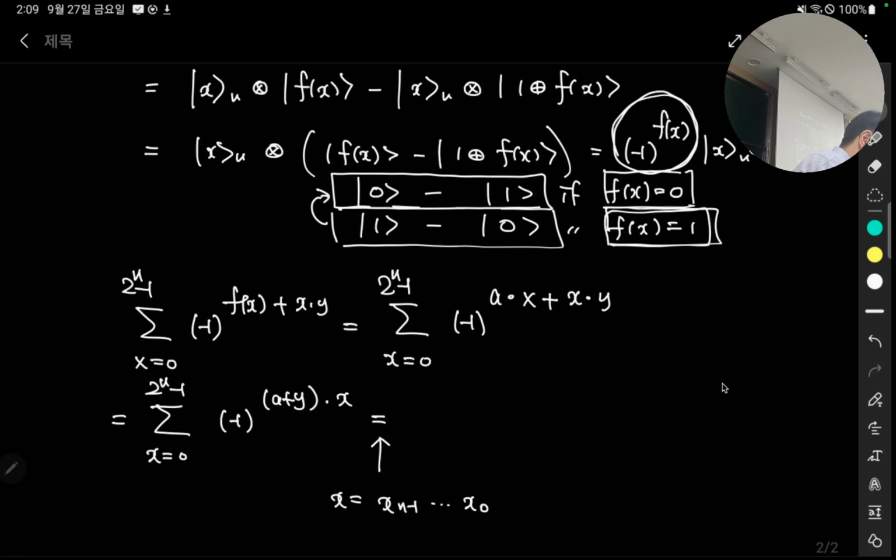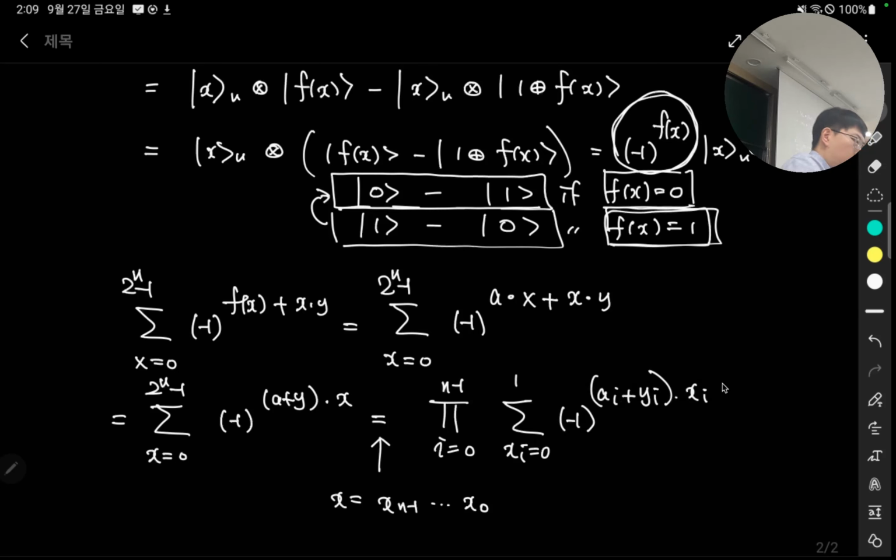So what I'm actually doing here is distributing all the xi's, so over the index i from 0 to n minus 1, I'm taking xi from 0 to 1 and taking ai plus yi multiplied to xi.